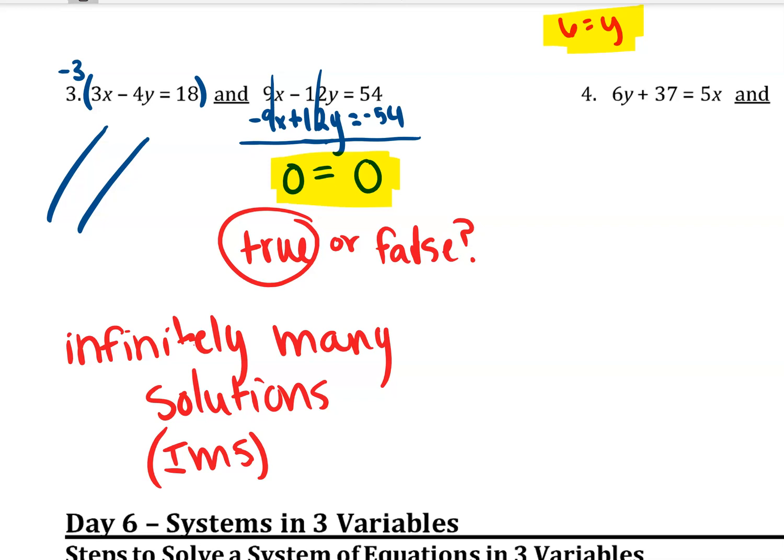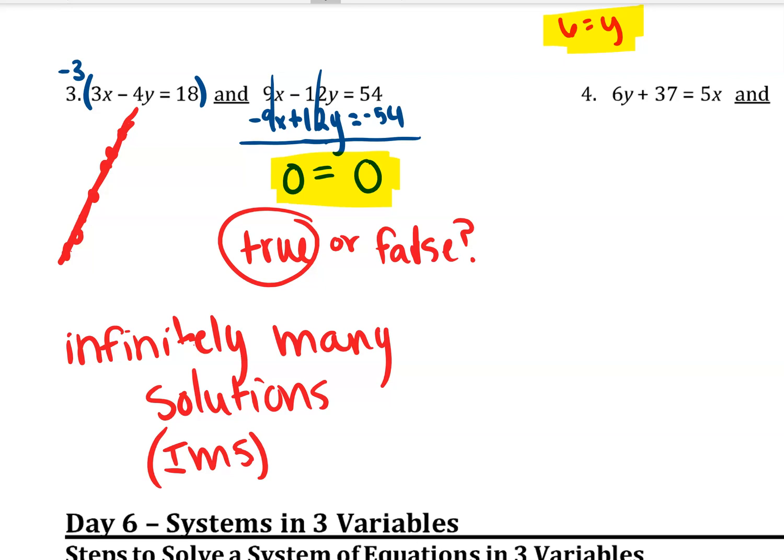Parallel lines have no solution. Infinitely many solutions looks like this. We have a line, and then the other one ends up being that same line. That means any point on this line is a solution to that system. That's why there are an infinite amount of solutions.